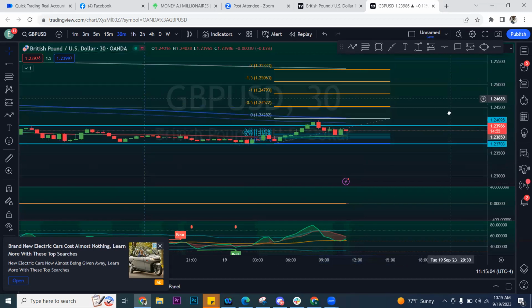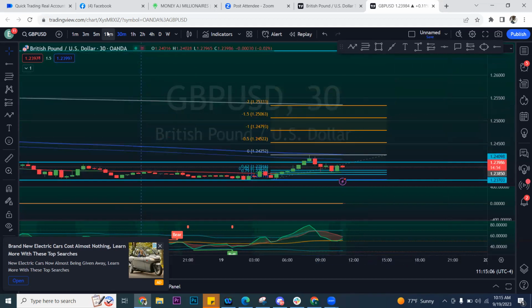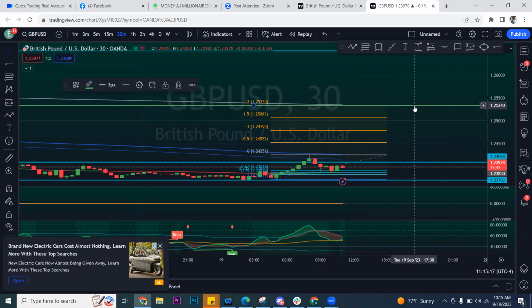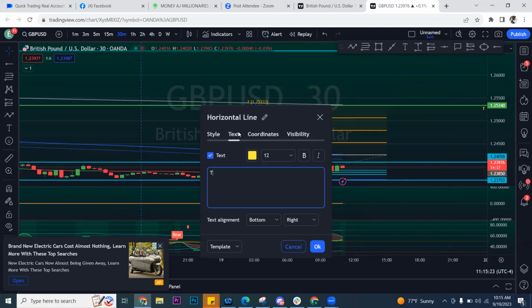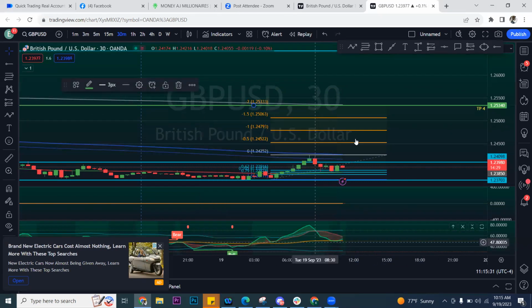And now my overall move based off the 30-minute time frame is my TP4, this is my last take profit level. So I can come here and just leave it on my chart. This is for y'all too. So y'all, if y'all take the trade, this is TP4, and it's going to leave a number on the side over there.